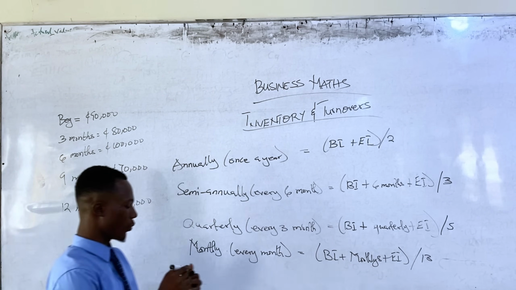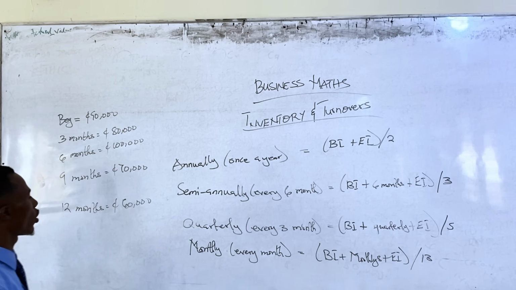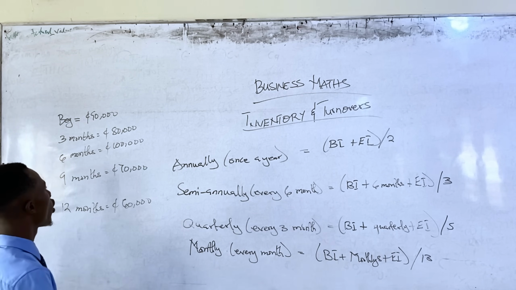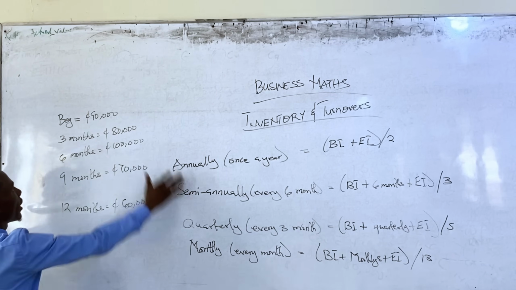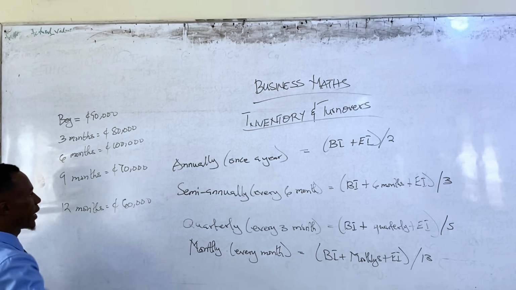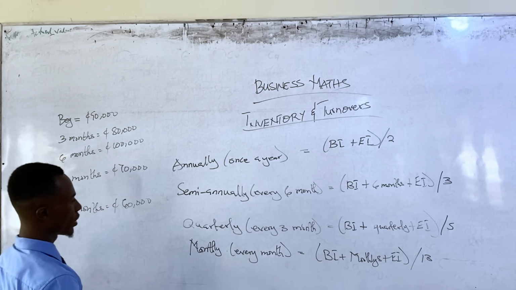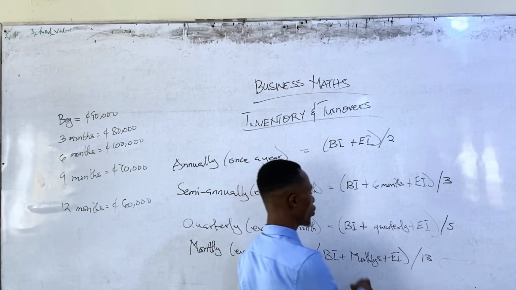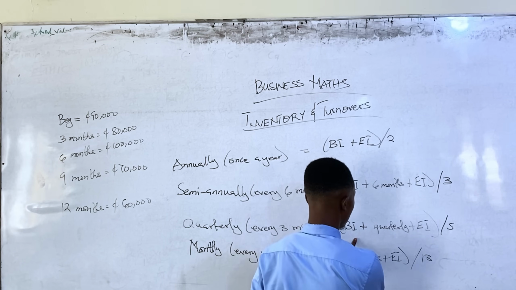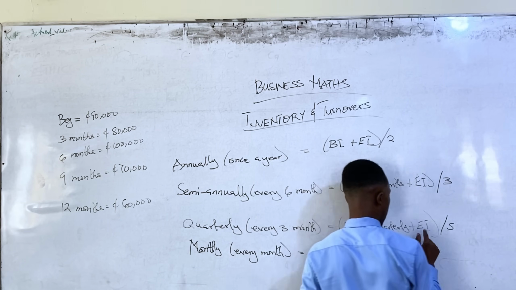So this one, we have 5 commodities, or we have 5 months or 5 items, 1 2 3 4 5, right? Yeah, so we are just going to add them and we divide everything by what? 5. But then looking at it, it was giving us quarterly. So we're supposed to have our beginning inventory plus the quarterly plus the ending inventory.